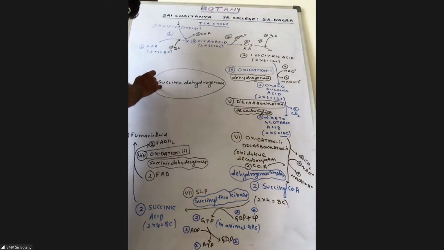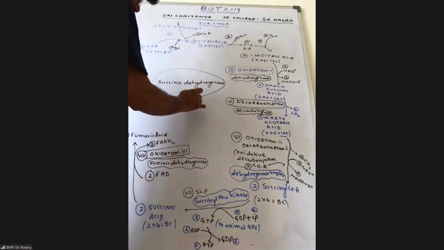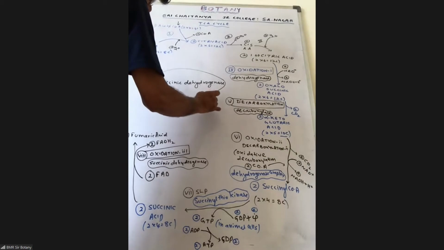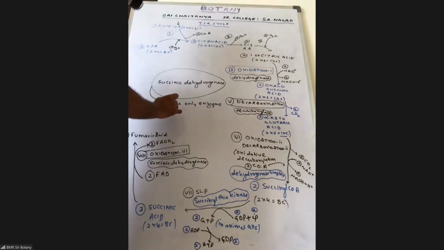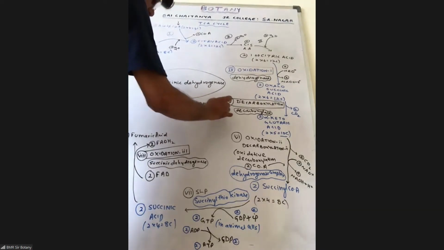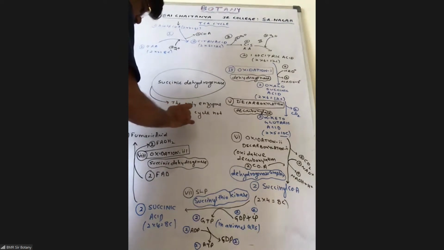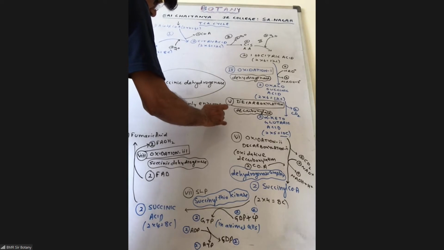So, two specialties you should make a note of succinic dehydrogenase. The only enzyme of TCA cycle, make this point separately, not freely present in the matrix. Very important on this point.